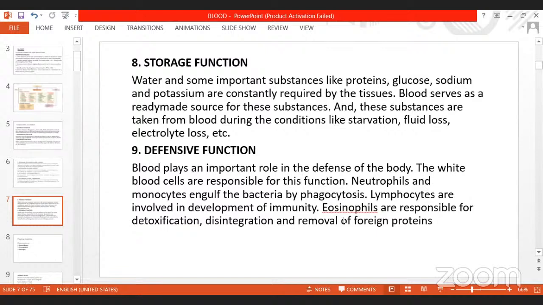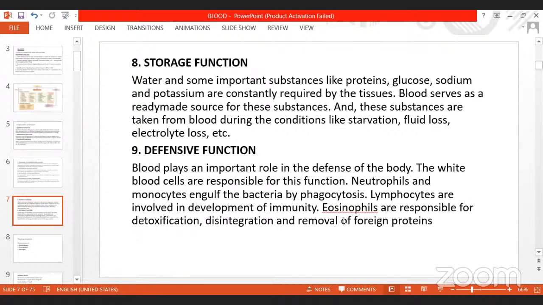These substances are taken from blood during conditions like starvation, fluid loss, and electrolyte loss, especially protein like albumin. The plasma proteins are albumin, globulin, and fibrinogen, available in the plasma. In the case of extreme starvation, these plasma proteins are used up by the body.